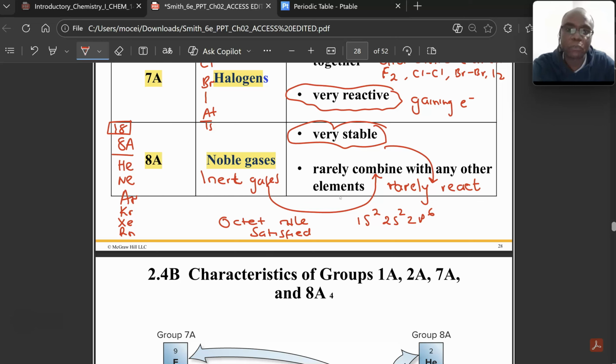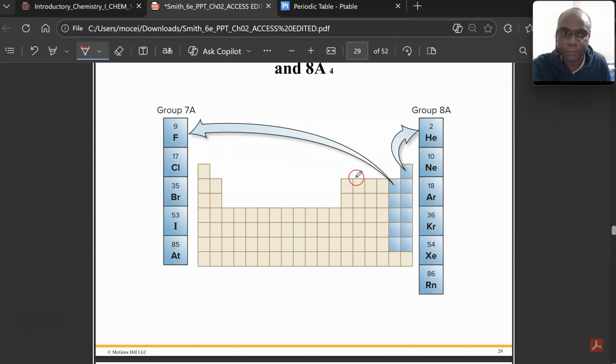They don't have any room to gain electrons, and they don't need to lose electrons like metals do. So metals will react by losing electrons, and nonmetals will react by gaining. These ones will not do that.